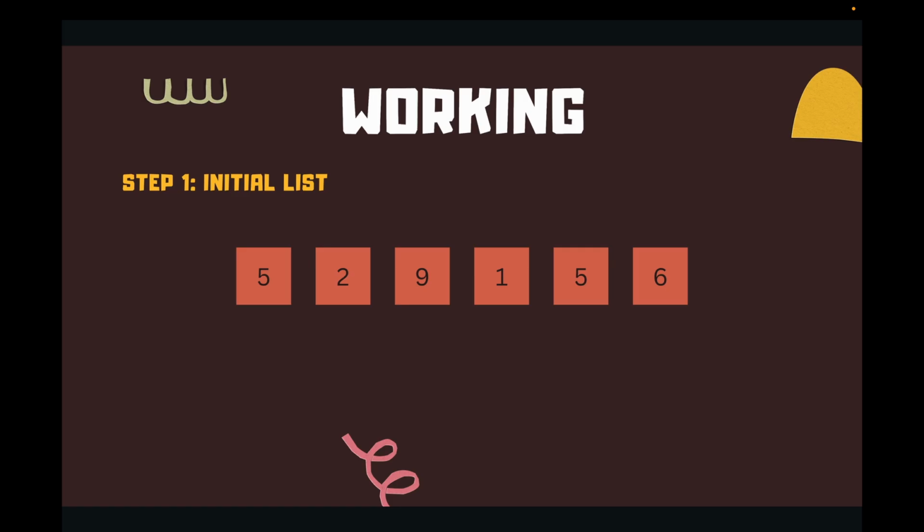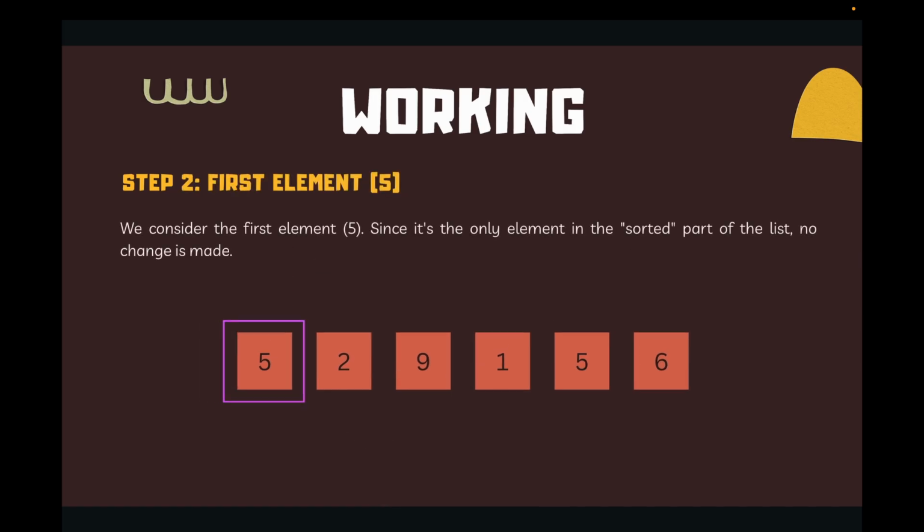Firstly we will take the first element, 5, from the left. We will go from left to right in this tutorial. We consider the first element sorted since it's the only element in the sorted part, so we will directly save it to the sorted part, and as you can see it has gone green.